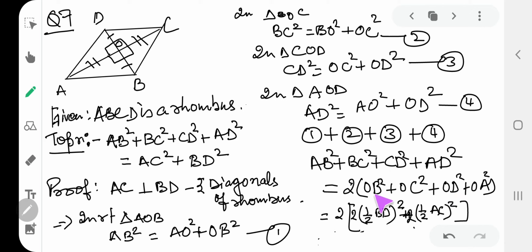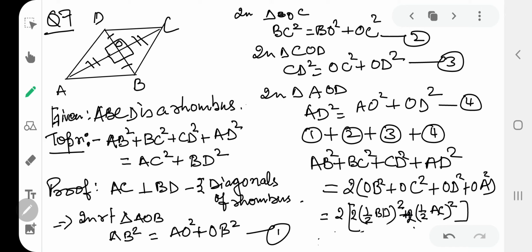So 2 times I will get half BD. OB is half BD, OD is also half BD. There are two of these, that's why twice of half BD square.